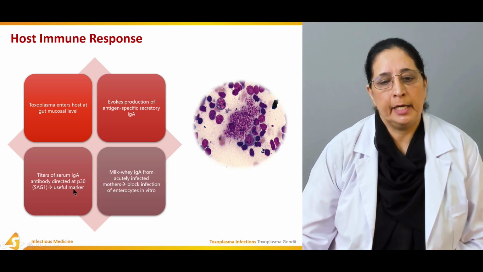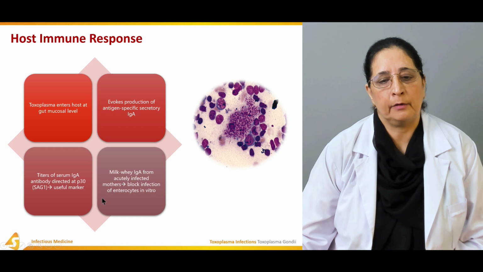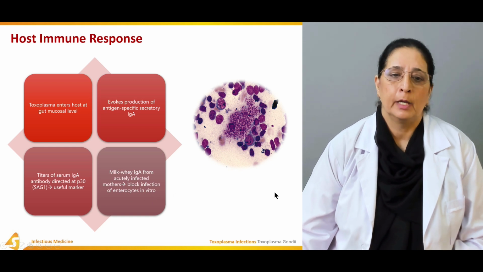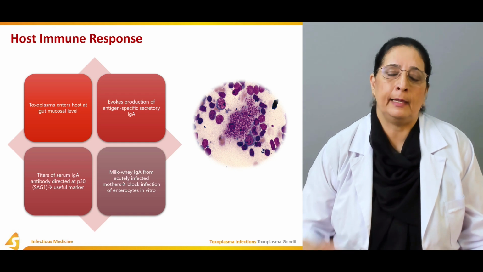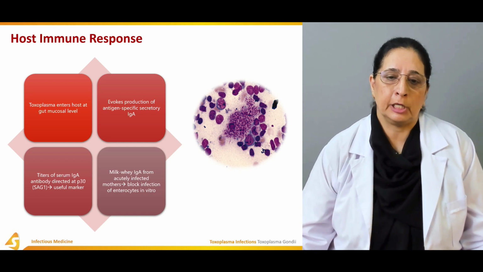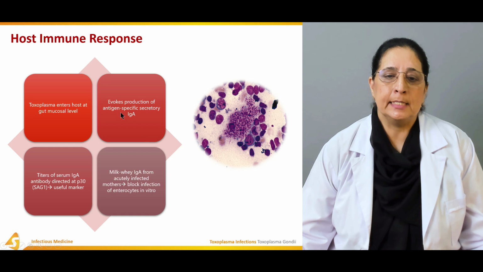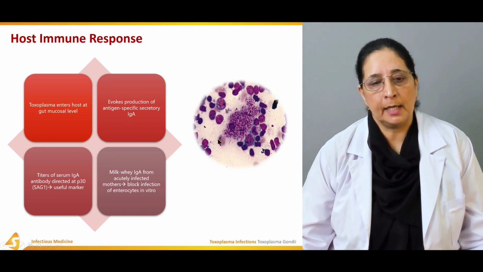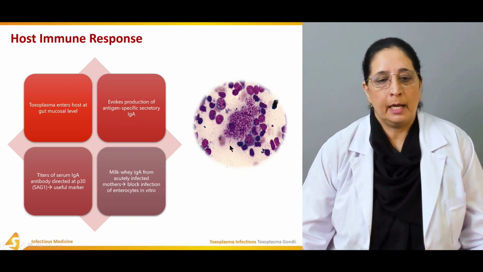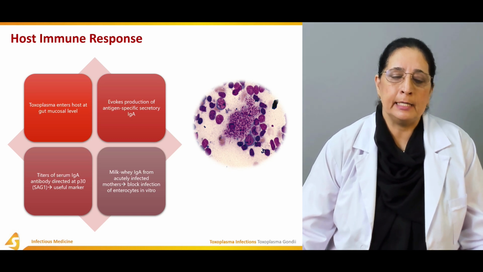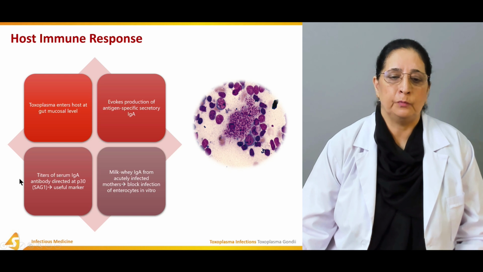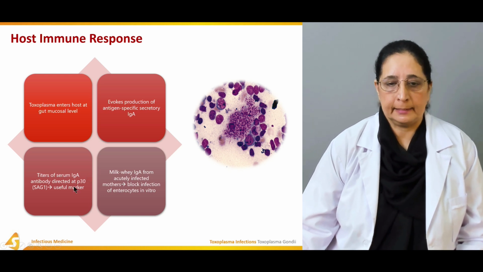Milk IgA from acutely infected mothers blocks infection of enterocytes in vitro. So that's how the host immune response develops, mainly by the production of antigen-specific secretory IgA, and serum IgA antibody titers against a useful marker are detected.